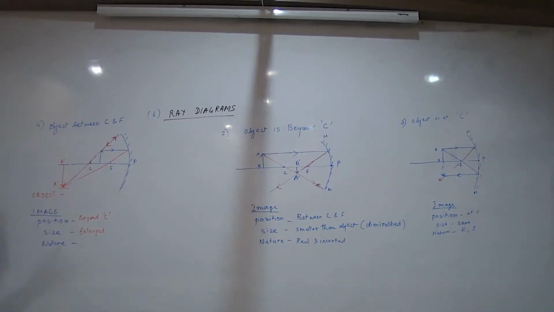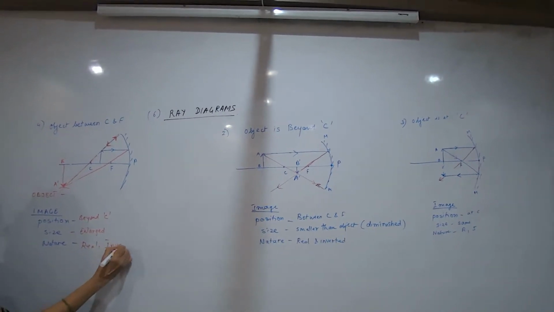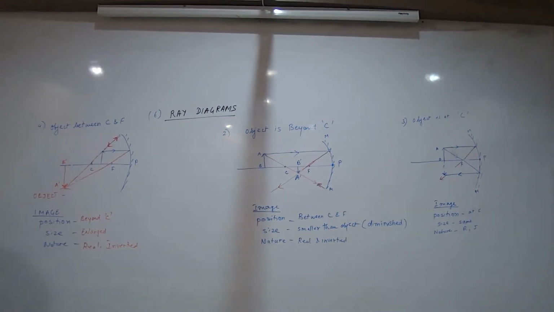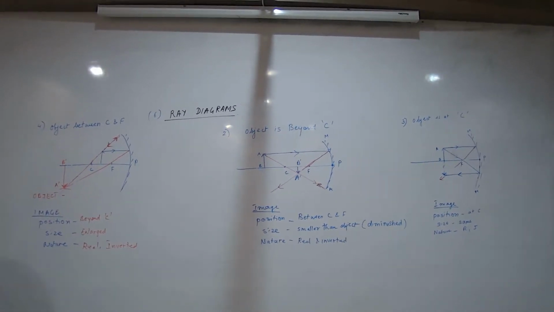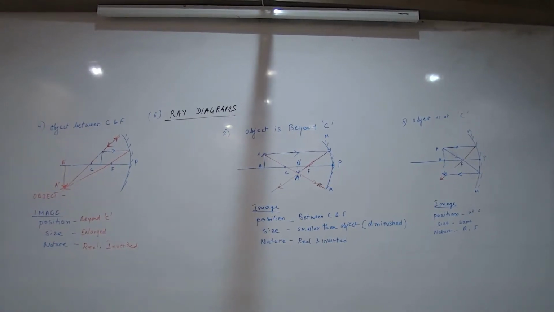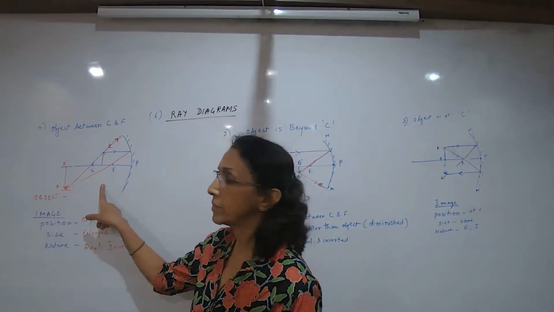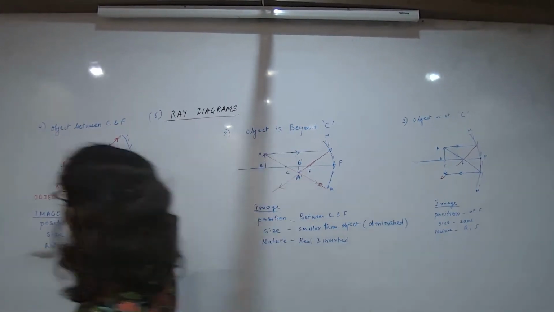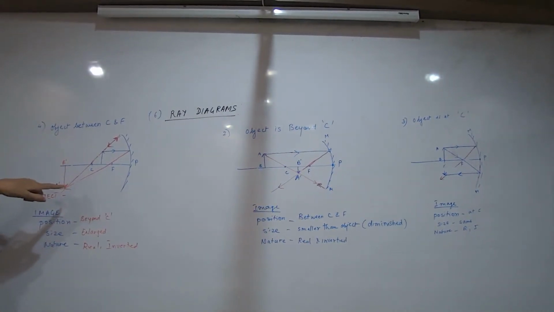anything that's important, obviously. Any two rays you can use. The other way of doing it, I will show it to you here. There's another way of doing the same thing. Instead of taking this ray which is passing through C, I just change it here. Notice what is happening.